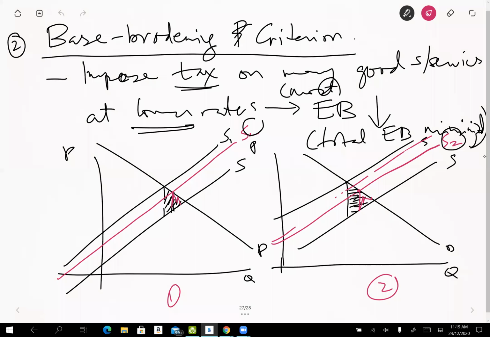As you can see, the total excess burden, the red one here, in the 3 markets is still smaller than the total excess burden under the 2 markets. So this criteria is better: rather than taxing goods high and not that many, you tax as many as you can, but at much lower rates. So the total excess burden can be smaller.